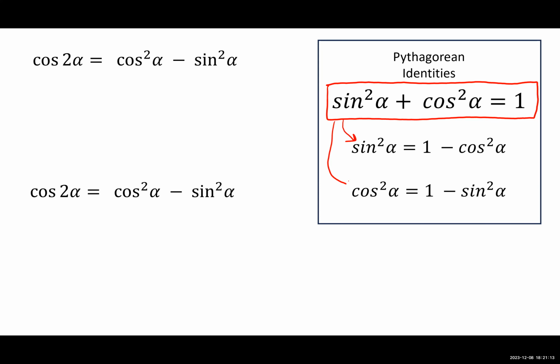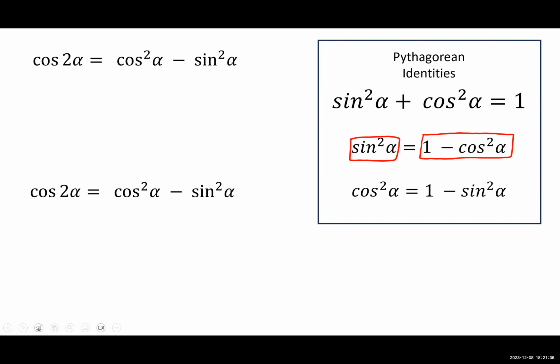If we subtract sine squared from both sides, we get this one. So these are the 3 statements of the Pythagorean identity for sine and cosine. Well, sine squared is equal to 1 minus cosine squared. Okay, so let's use that one. We've got a sine squared right here, sine squared of alpha, and that is the same as 1 minus cosine squared of alpha.